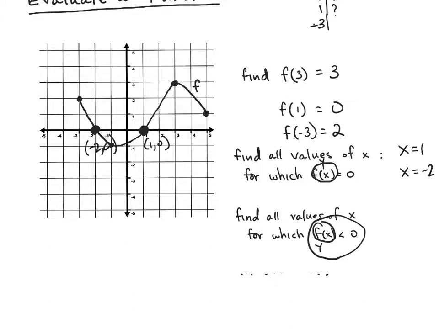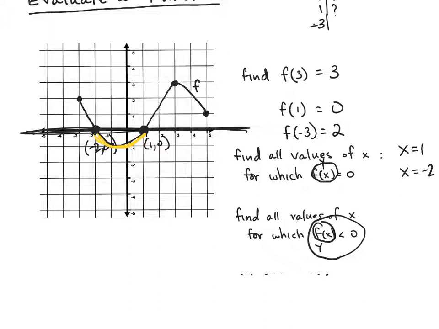Here we have the x-axis. Anything above the x-axis has y values greater than 0. Anything below the x-axis has y values less than 0. So this portion of the graph right here has y values that are less than 0.